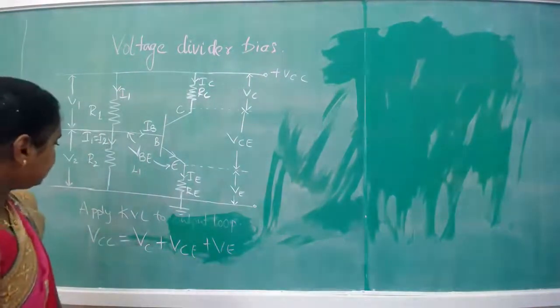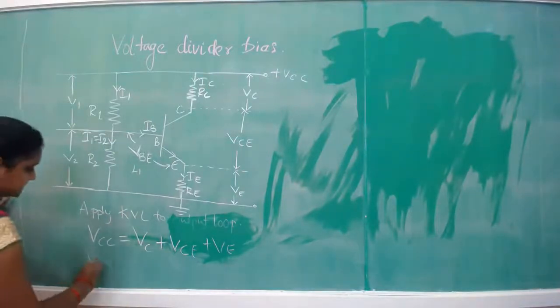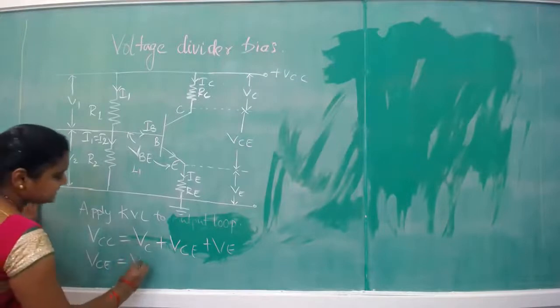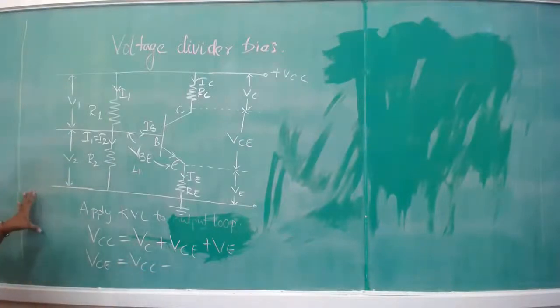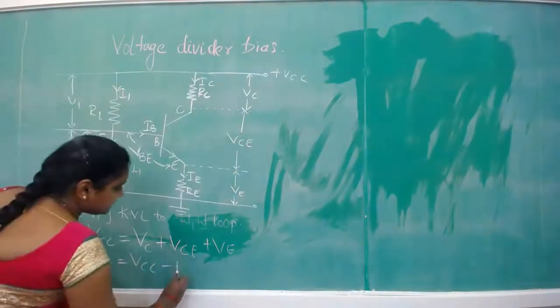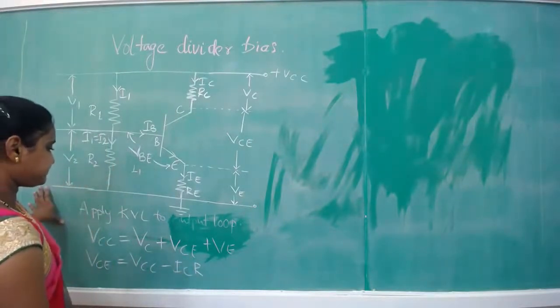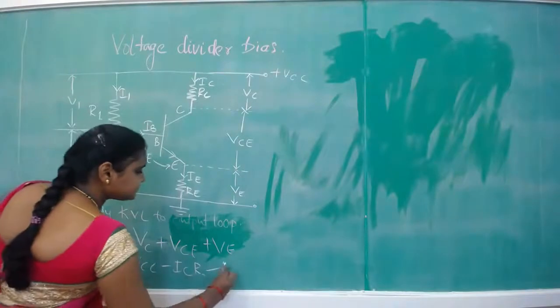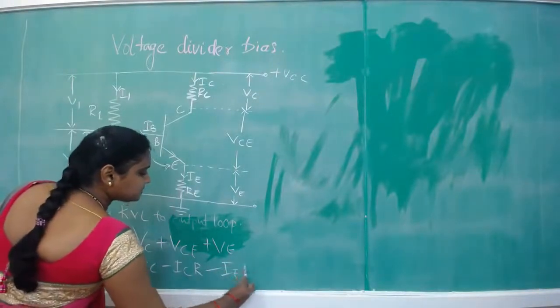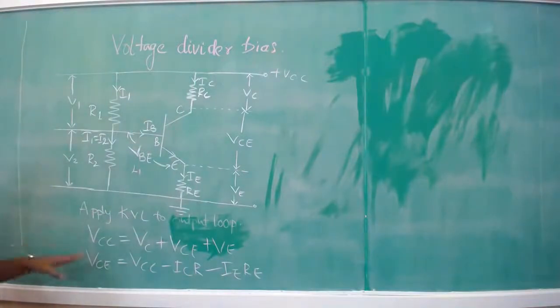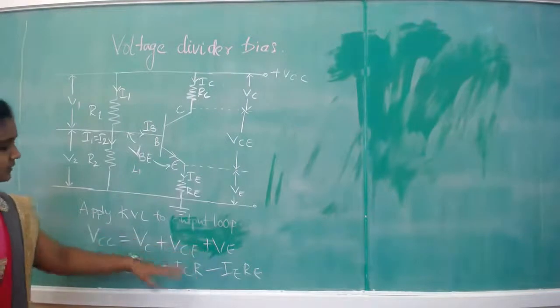This can be further written as VCE is equal to VCC minus IC RC minus IE RE. Okay. Keeping VCC here, VC goes that side and VE also goes that side.